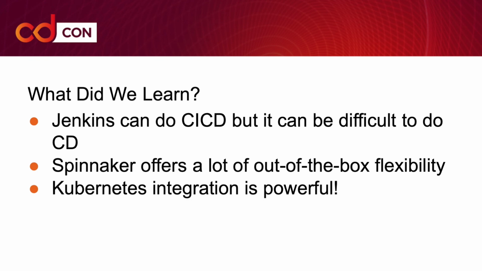You need a CI engine to be able to do CI, because if you recall in the beginning of the session, Spinnaker is not a CI engine, nor does it do it. And it relies on other CI engines like Jenkins. So we still do need Jenkins, but we need a lot of flexibility on the CD part. And Spinnaker makes that super easy without having to use plugins or write extra scripts to handle our deployment mechanisms.